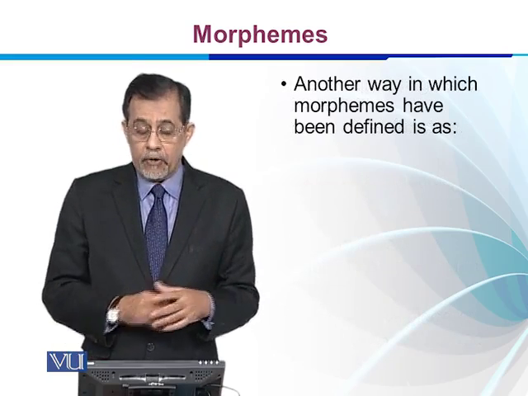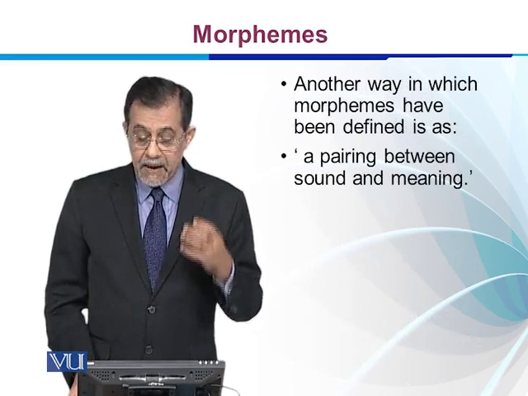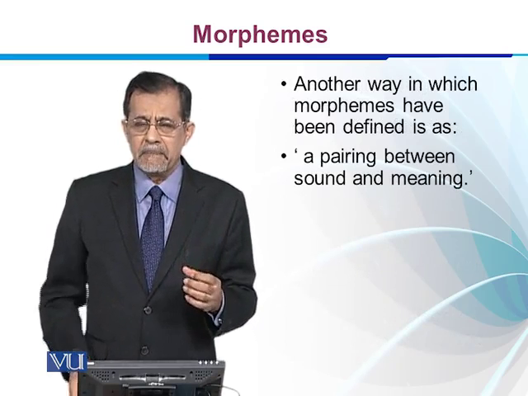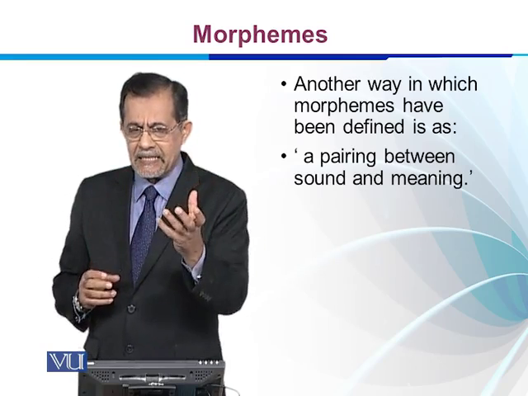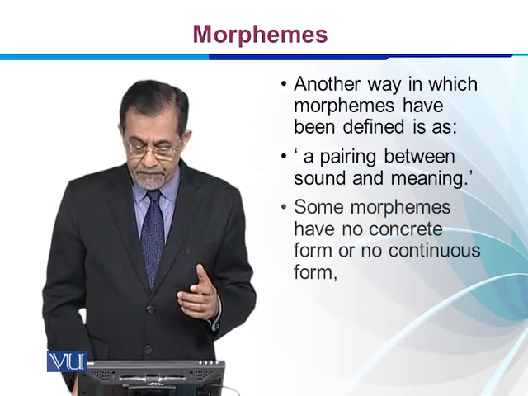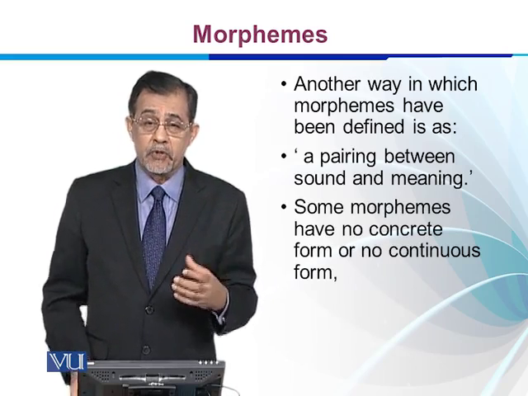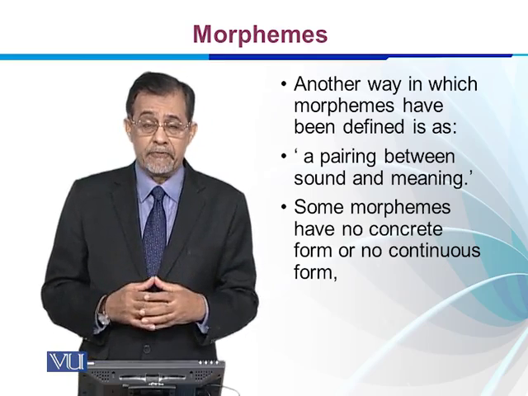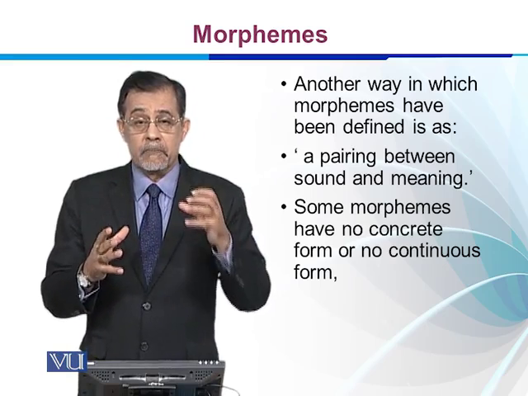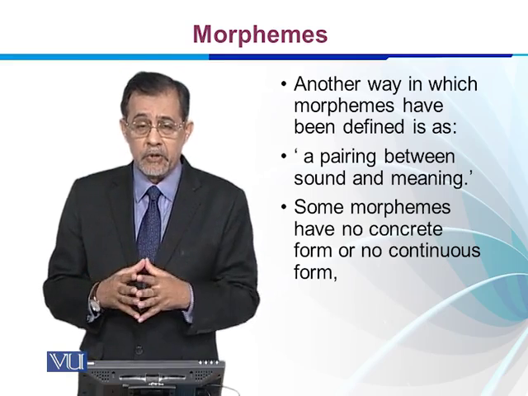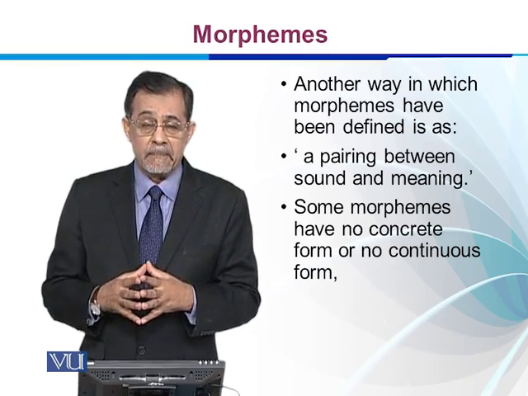Another way in which morphemes have been defined is as a pairing between sound and meaning, because we pronounce the morpheme and it has a meaning. Some morphemes have no concrete form or no continuous form. So you'll see in the process of this subject that the basic notion about morpheme, smallest unit, is challenged many a time, right?